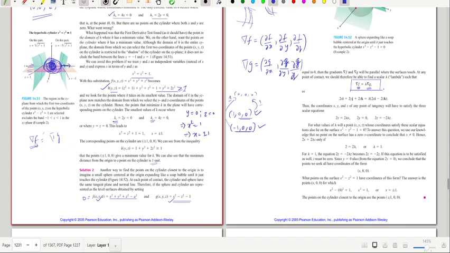So we can assume del f is lambda, a constant multiple, times del g. The del f and del g will give the normal at this point. That is the idea here. We will extend this idea to the Lagrange multiplier theorem, which we will see later. So if you solve this, you can get the equations.